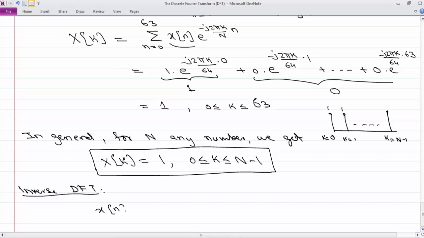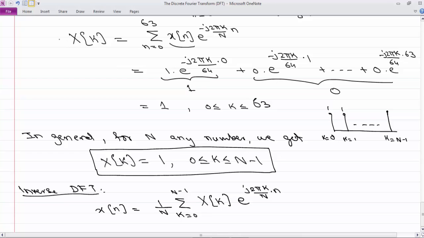You say x[n] equals 1 over N summation k from 0 to N minus 1 X[k] e to the j 2 pi k over capital N times little n.